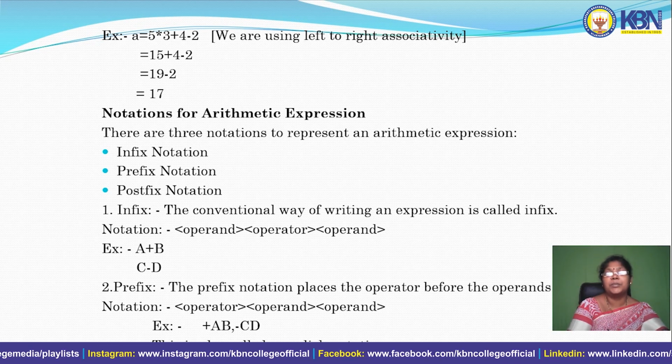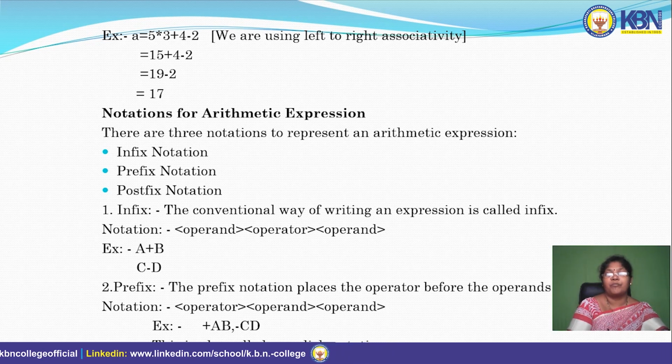Then go for the prefix. In prefix notation, the operator is in the first position. Operator is the first one, next operand 1 and operand 2 are placed. See the example: in infix we wrote a plus b. In prefix, first we write the operator plus, then we write operand a and operand b.